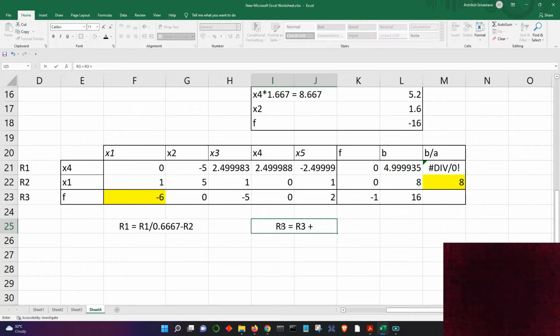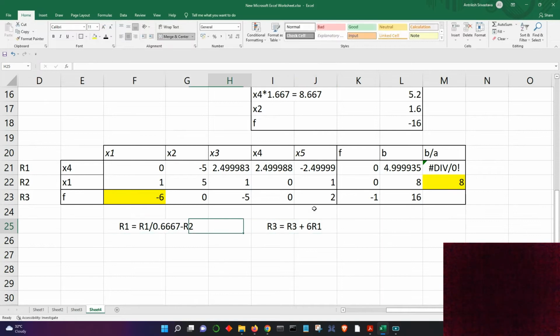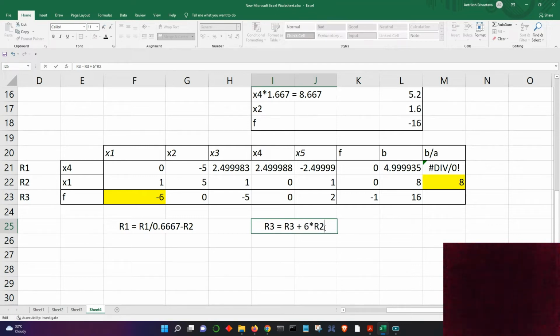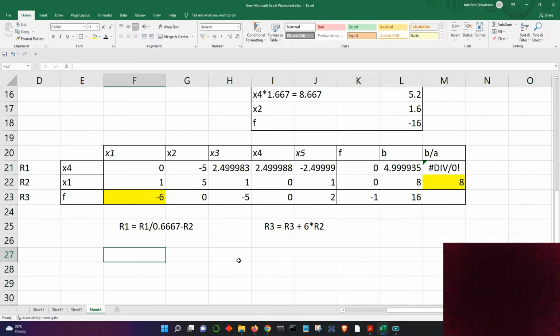R3 will be R3 plus 6 R1. Oh, no, R2, sorry, 6 into R2. Is it correct? R3 is equal to R3 plus 6 into R2.